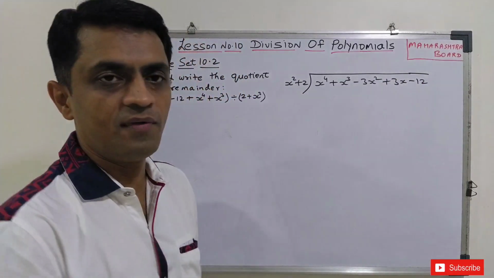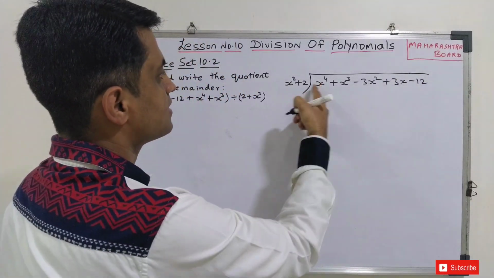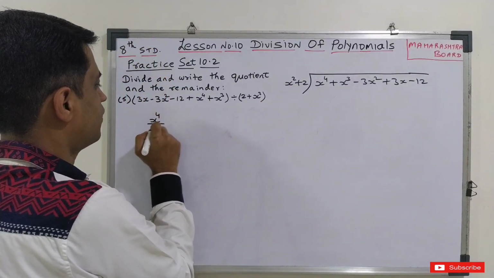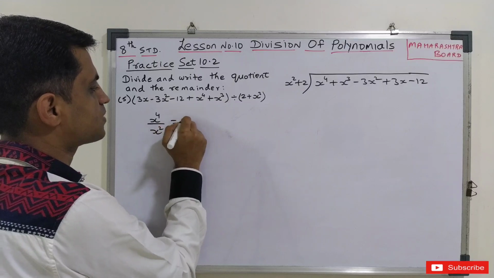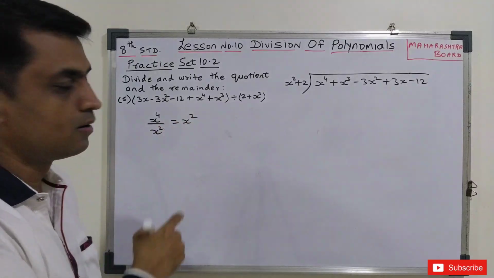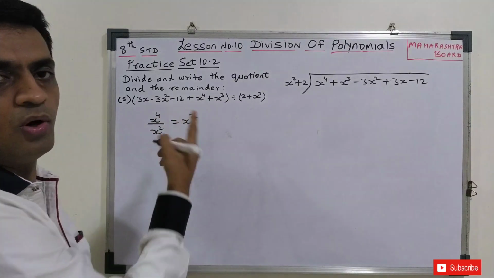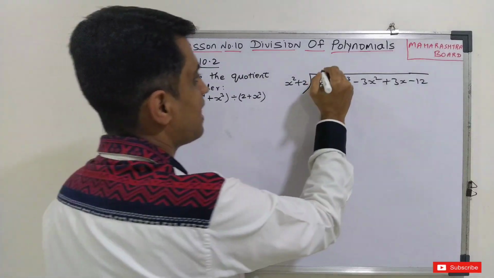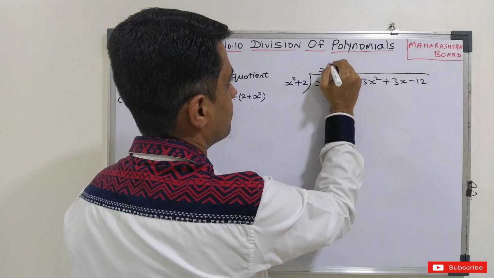Now the same method what we had done previously. x raised to 4 divided by x square. What will you get? x square, 4 minus 2, 2. Law of indices also you can use because it is in division. So we write here x square.